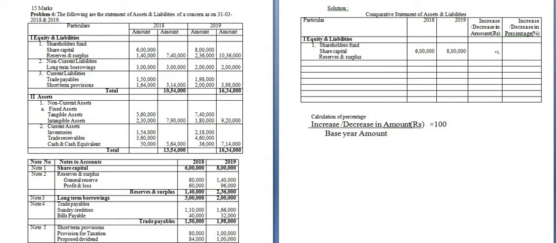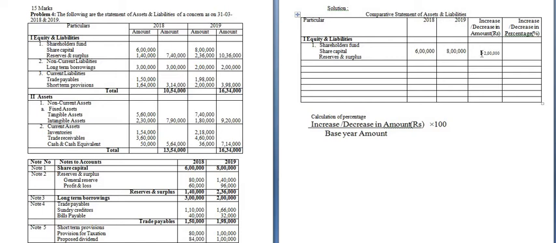How this 2 lakh has come? 8 lakhs minus 6 lakhs. So first write here plus sign. Amount is 2 lakh.